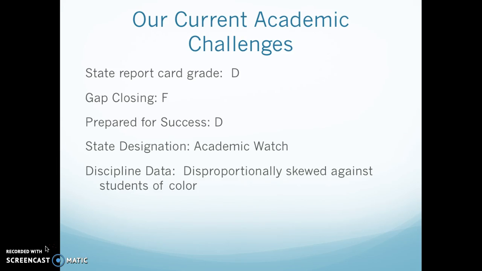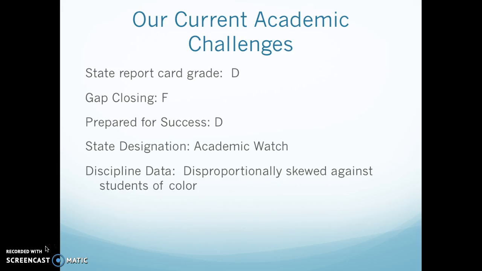And in addition to that, an analysis of our district's discipline data shows that we are disproportionately referring, expelling or suspending students of color, which actually lines up with the school to prison pipeline that the national and state boards of education have told us we need to start doing away with.